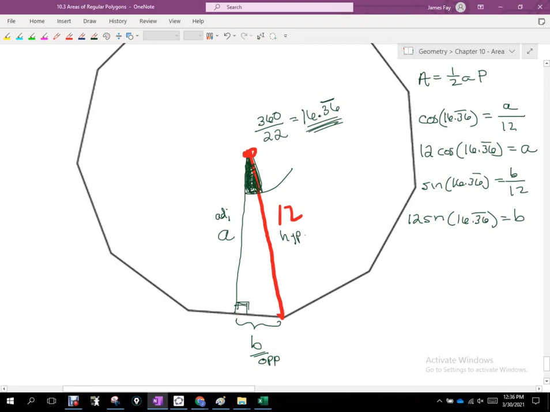Now, what a lot of people will want to do, because B is not part of my formula, 1/2 AP, is take their calculator out right now and type in 12 sine 16.36 and hit enter. Then they'll get a number and either shorten it, round it, or leave it alone, but then multiply it by 2 because they want to get a full side length of this polygon.